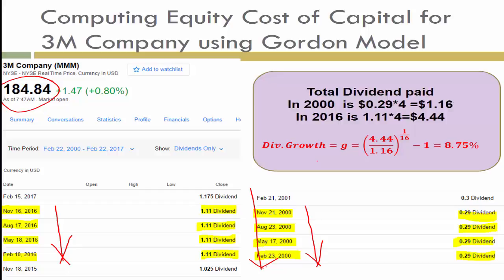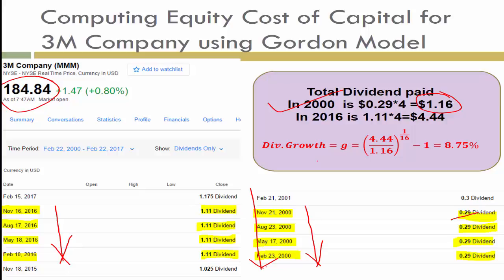See here, how much dividend was paid in 2000. You can see in 2000 dividend was paid 4 times, each time 29 cents. So 29 cents times 4, that means the total dividend paid in 2000 was $1.16. How much dividend was paid in 2016 then?